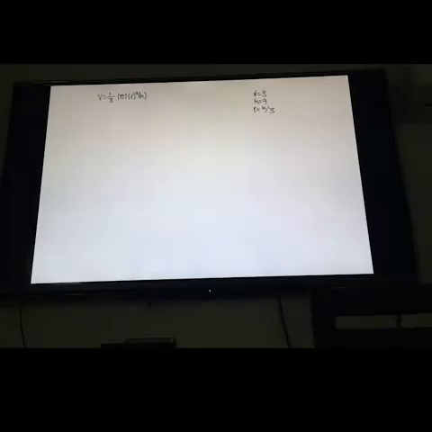The first step is to get the measurements, which we already have, and to get the formula, which we also already have. So then we need to start substituting.